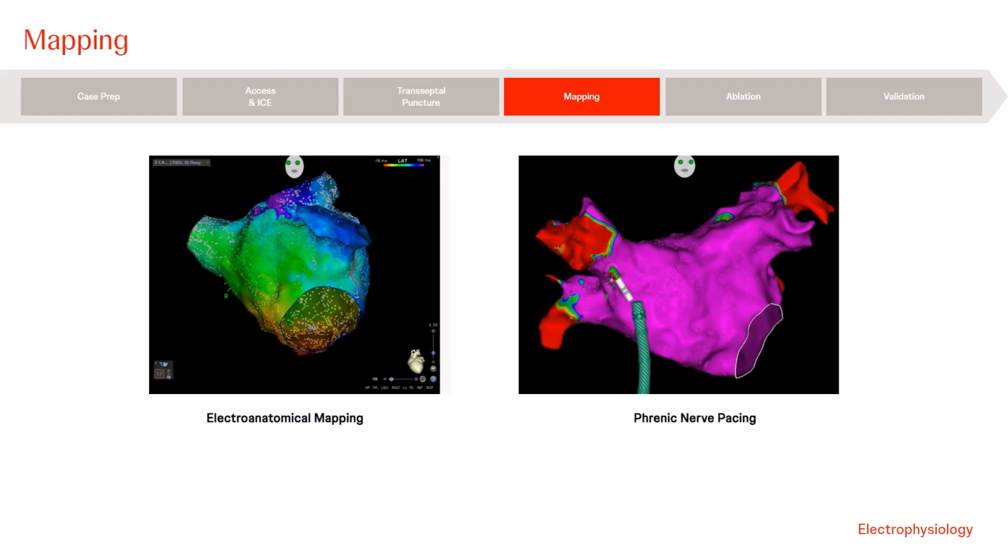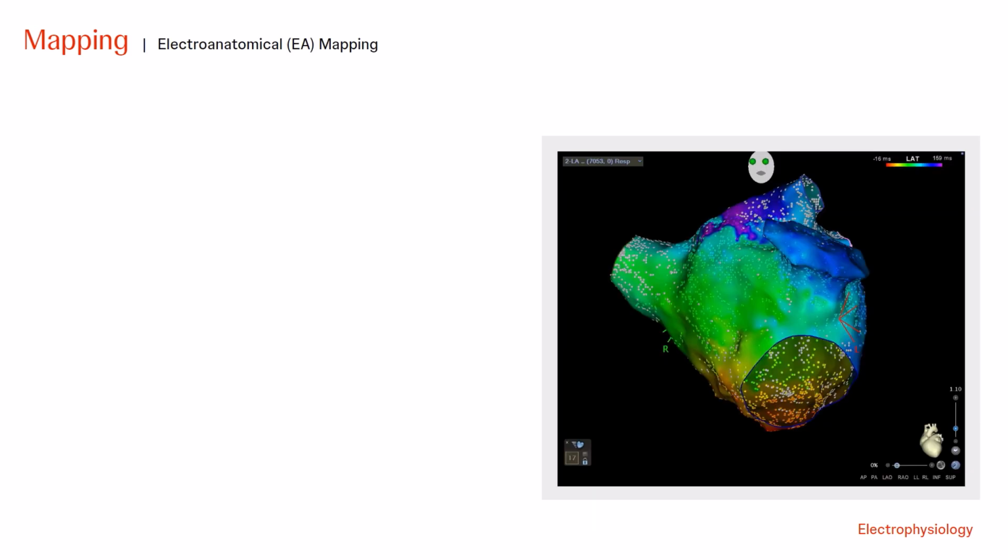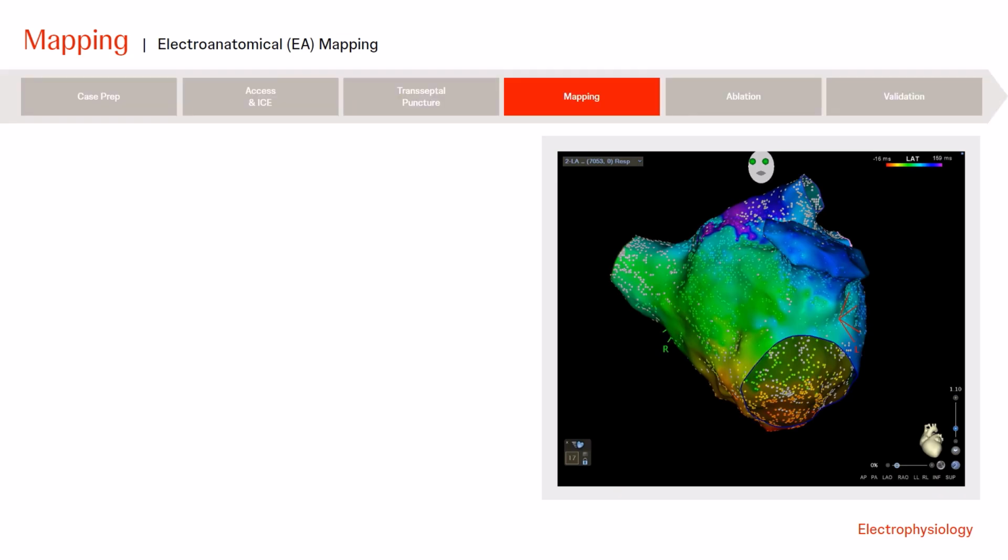The next step of an atrial fibrillation ablation procedure is the mapping phase. During this phase, electroanatomical data may be captured and phrenic nerve pacing may be performed. The Carto3 system is an electroanatomical mapping system. Let's break down what electroanatomical mapping means.